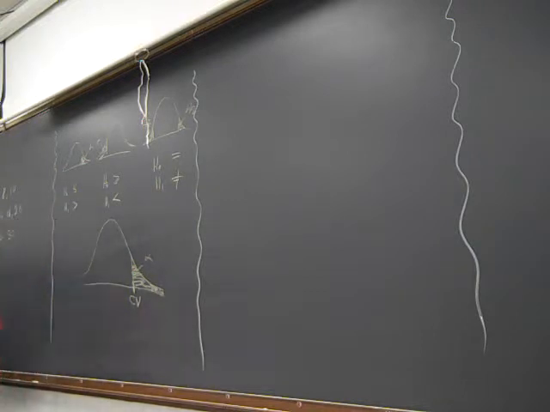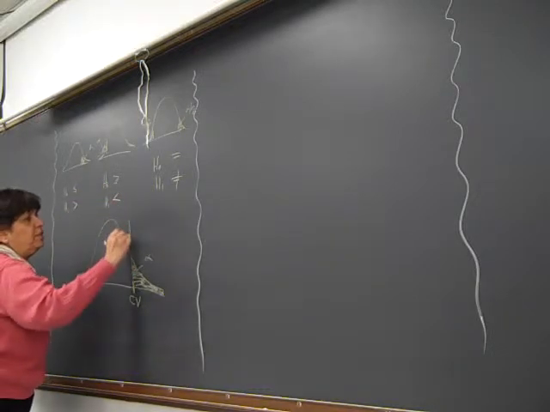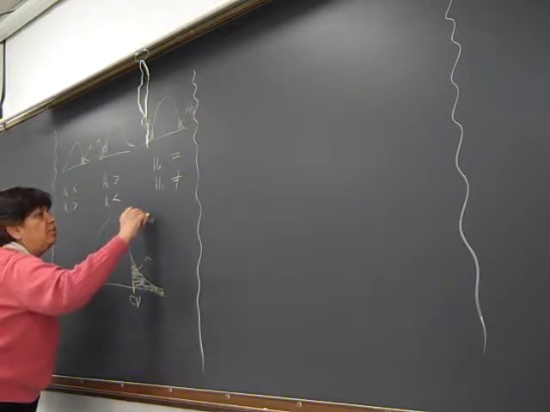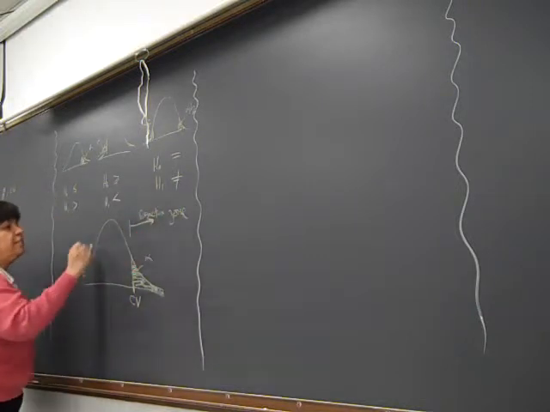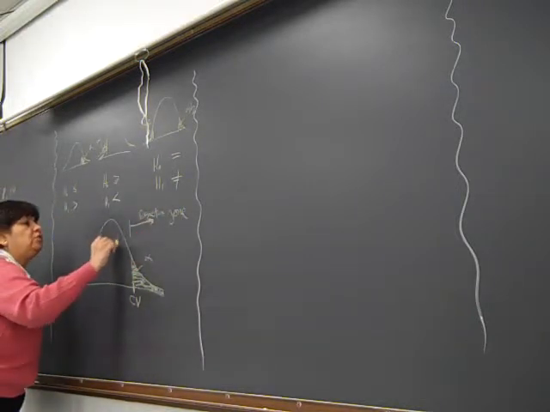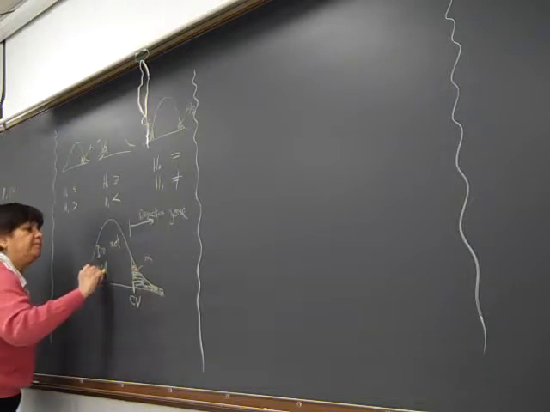The critical value is the value that divides the rejection zone. This is the rejection zone. And this is the do not reject zone.